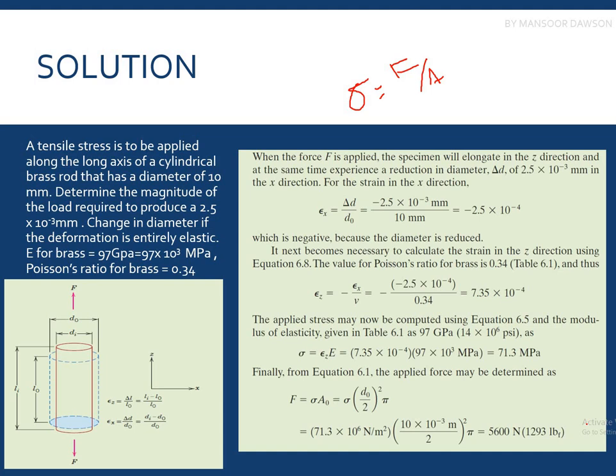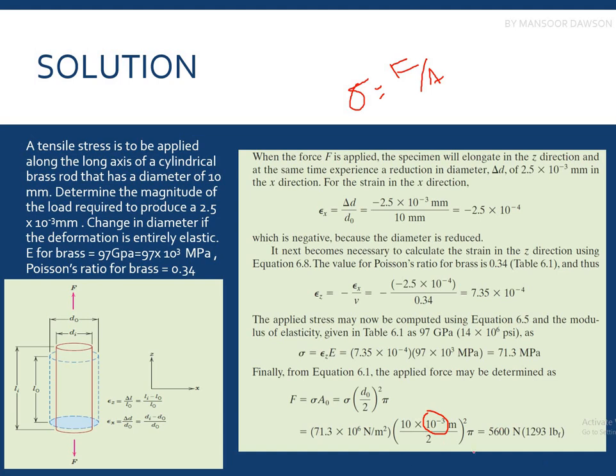So for the area, we'll take the initial cross-sectional area. The diameter was given as 10 millimeters, so we'll take this. We'll also add this 10 to the power minus 3 so that we can take our dimensions in meters. And why have we divided by 2? Because to convert the diameter into radius, we divide the diameter by 2.